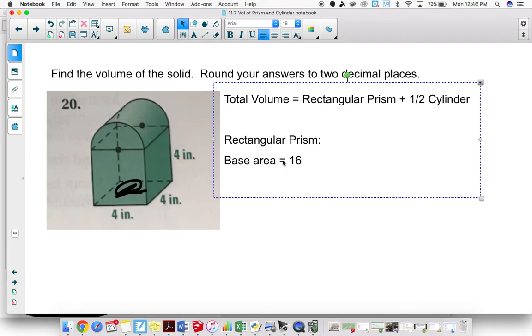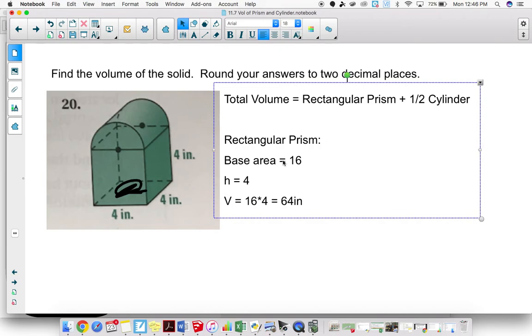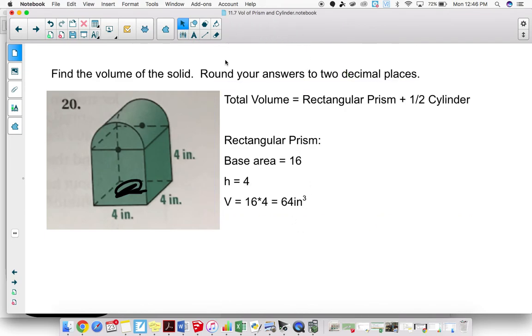Base area of 16. It has a height of 4. So the volume of that rectangular prism would be area of the base, 16, times the height, which is going to be 64 inches cubed. Okay, so we're going to use that number in our formula right here, 64 inches cubed.